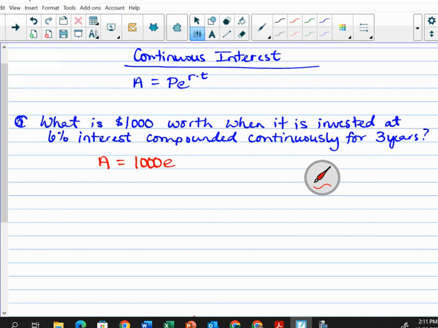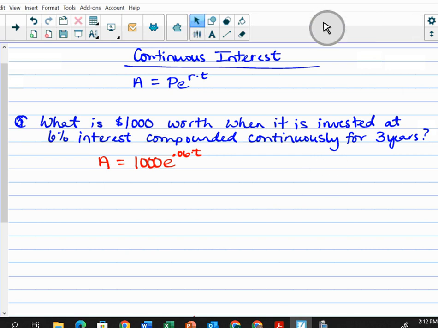So you're set up here. 1,000 e to the 0.06 times t, where t is 3.